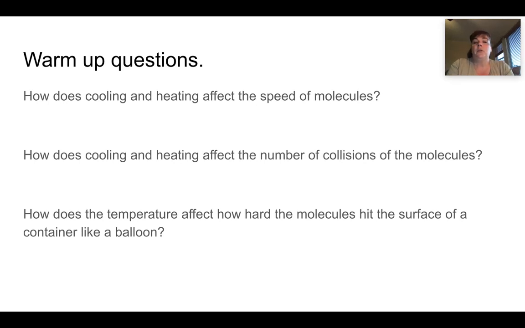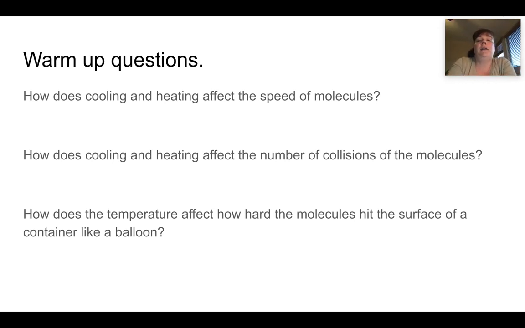So if we're going super slow, are we going to crash into each other much? No, we're not, because there is not that much speed, so there's not as many collisions hitting each other because it's just not going as fast. Now let's put it on fast mode. Okay, we are going like crazy. We're bouncing all over, and because there's so much more movement, we're going to be hitting each other more.